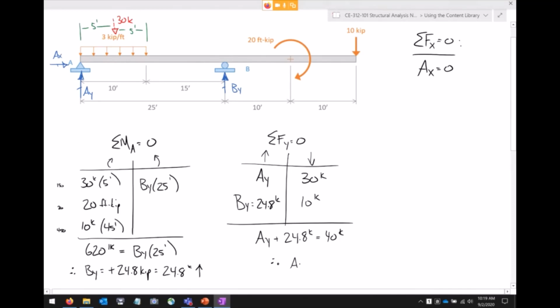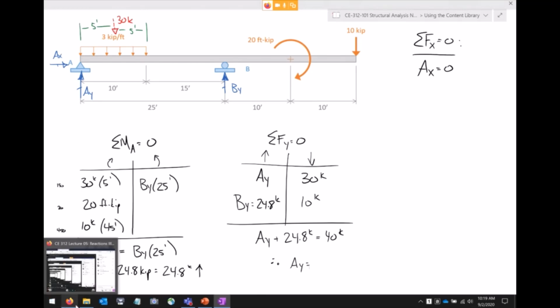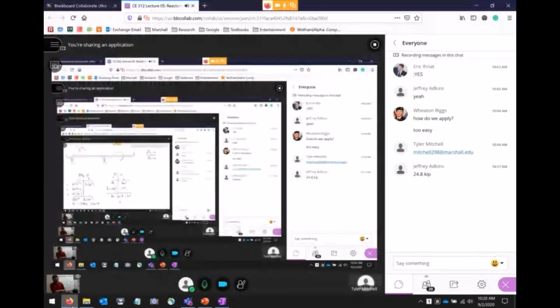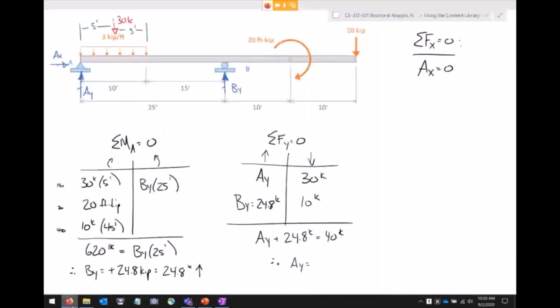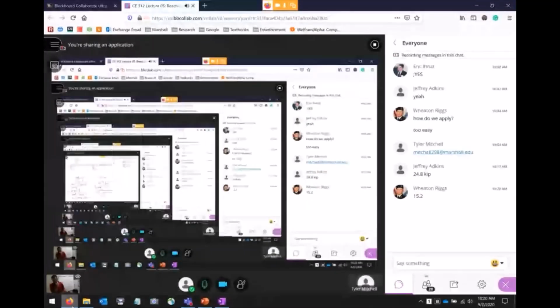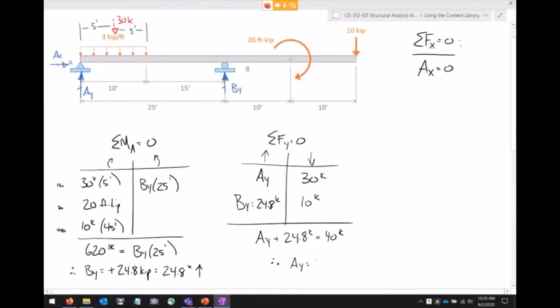What do we got for AY? Somebody in chat. Now, this is easy, but I'm going to make sure everybody's awake. There we go, 15.2 kips.